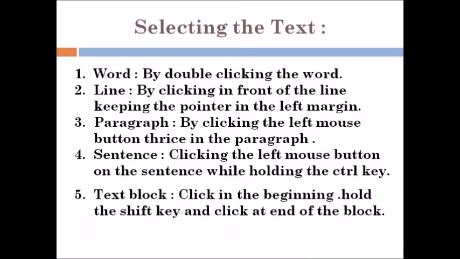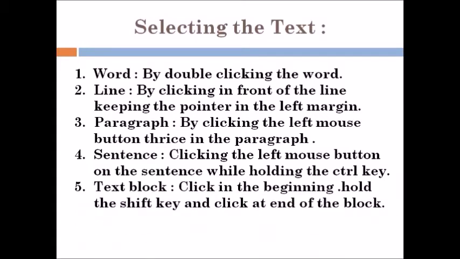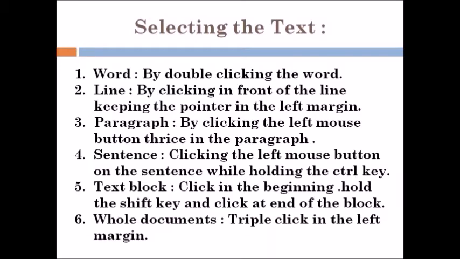Next is the text block. If you want to select a text block, click at the beginning, hold the shift key and click at the end of the block. Next is the whole document. If you want to select the whole document, triple click in the left margin.